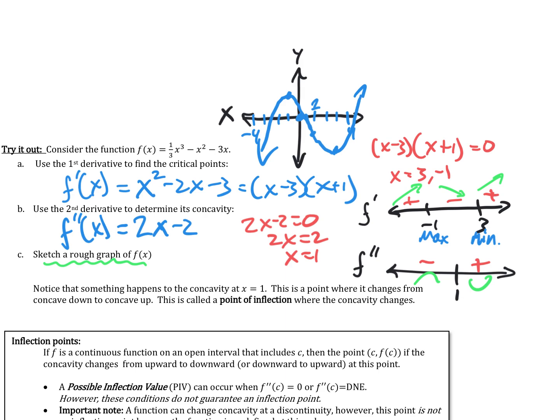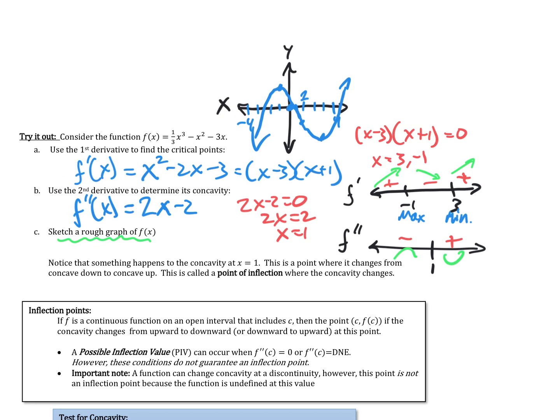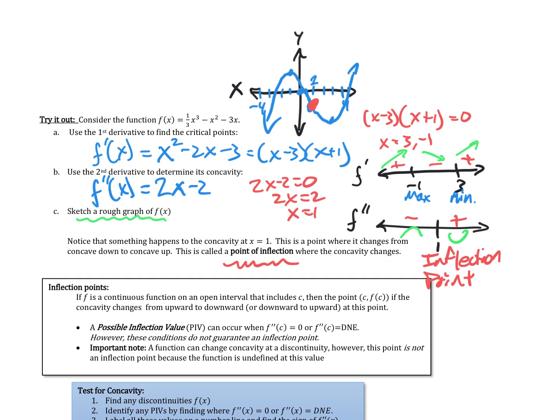So we have a new type of point. We have minimums, we have maximums, and we have a point here that is the point where the concavity changes. We call that a point of inflection, or an inflection point. So an inflection point is this one where it changes from concave down to concave up. So here's a little definition.